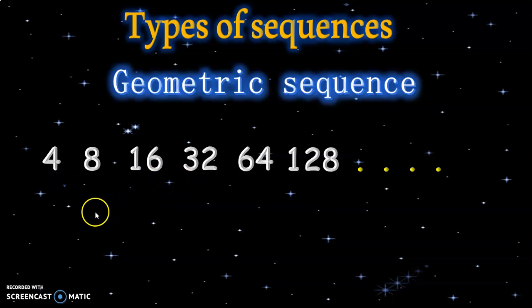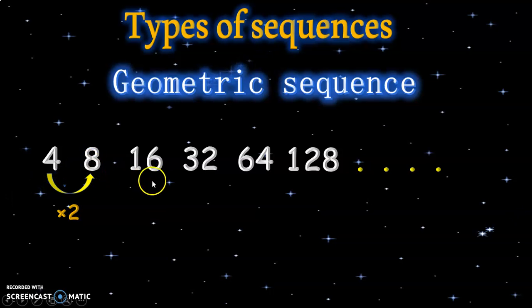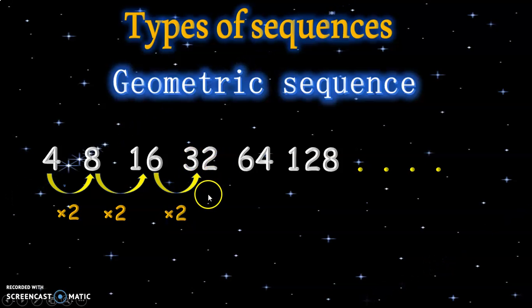So, we cannot use plus or minus. So what we will see, as you see, 4 and 8, it is what? Obviously, it is multiplied by 2. So 8 and 16, it is also multiplied by 2. Then 16 to 32, you multiply 16 by 2 to get the next term.